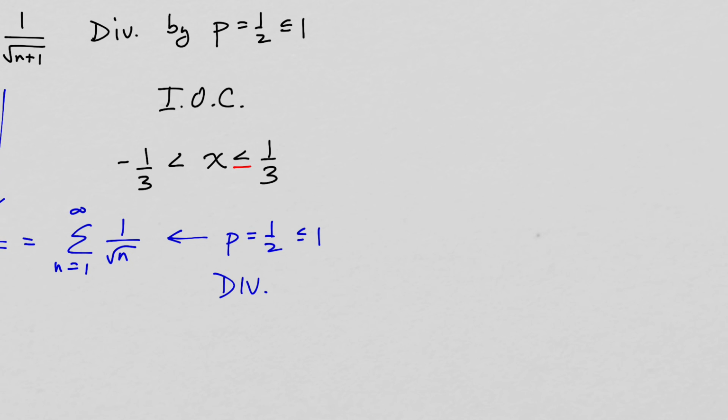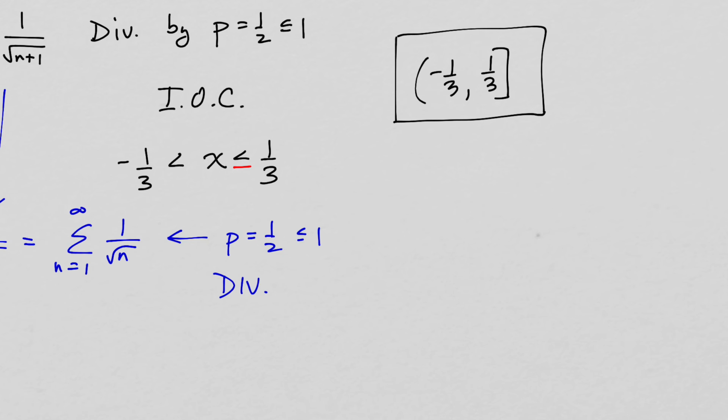And so the interval of convergence is going to be all the numbers in between -1/3 and +1/3, including +1/3. Now for the radius, let's graph this interval here. 0 is at the center. 1/3 is your right endpoint. -1/3 is your left endpoint. So again, here is that interval, all the numbers in between here.